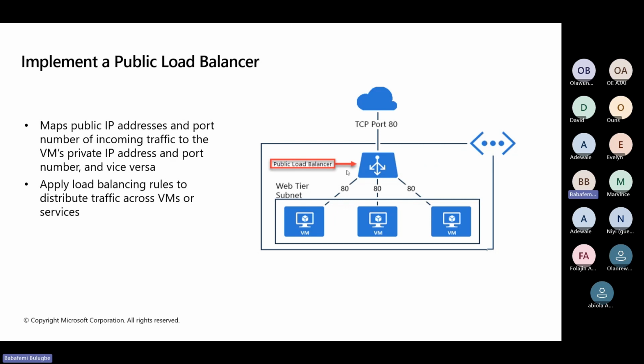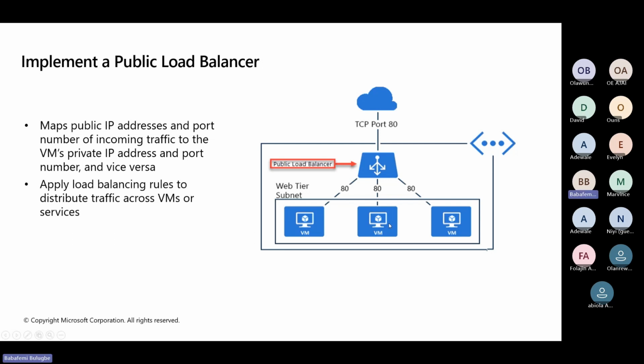So here you can see this is the internet, which is the cloud. We have users coming in, user requests coming into the virtual network where the application is sitting. So the application is hosted on these 3 VMs, and these 3 VMs host the same application, and this is a load balancer. So once the traffic is coming in, the load balancer distributes the traffic evenly across all these virtual machines.